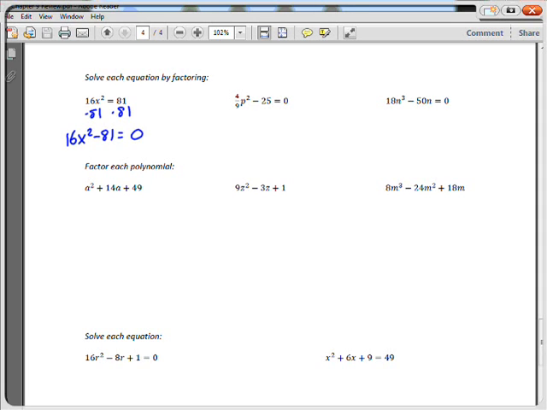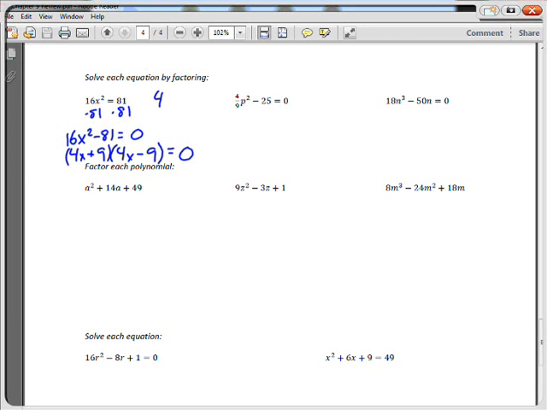Now 16x squared and 81 are both perfect squares, so I have a difference of squares now. And so this will leave me with 4x plus 9 times 4x minus 9 is equal to 0. And so now you should by now recognize how to solve this equation.